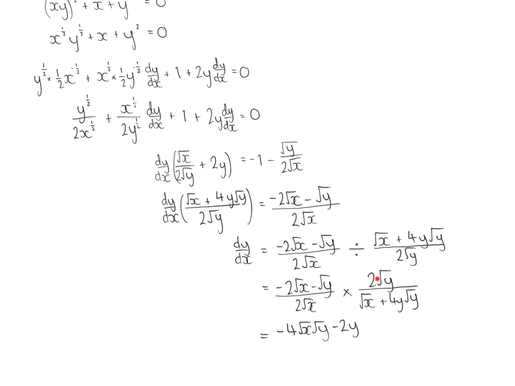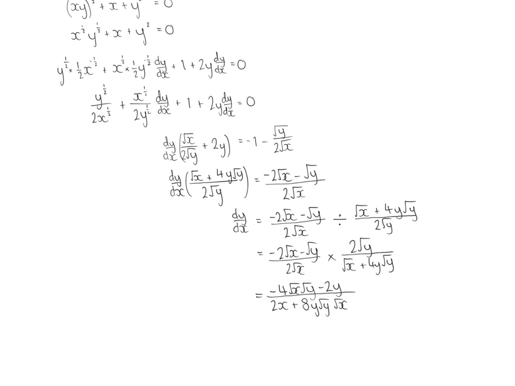If we times root y by 2 root y, the root y's become y. On the bottom there, root x times root x becomes x. And then here we've got 8y root x. Two things we can do now. One is combine the root x y's into a single root, kind of the reverse of what we were doing at the top.